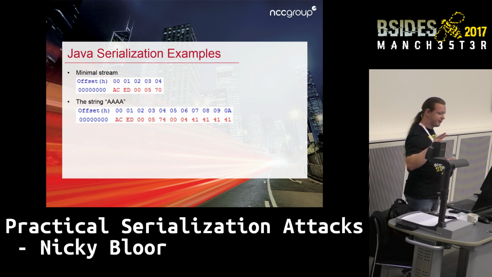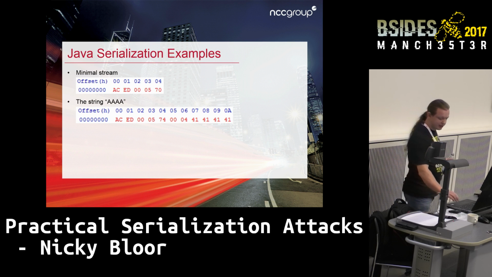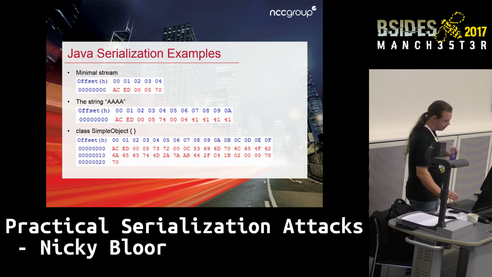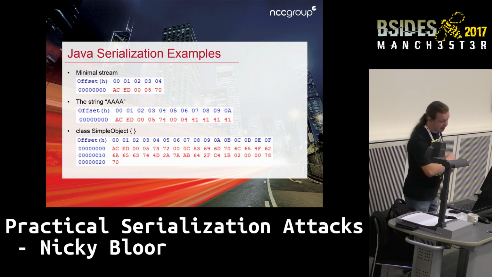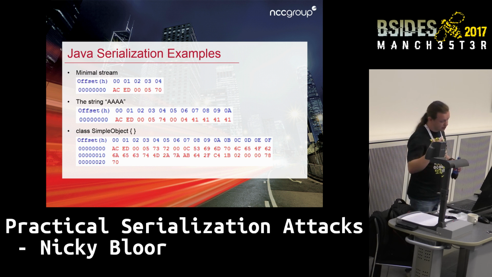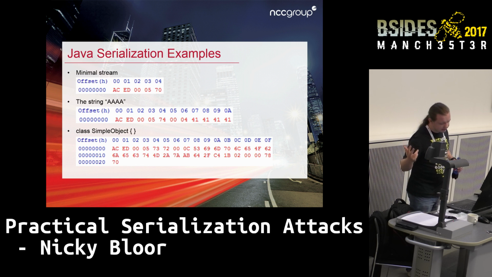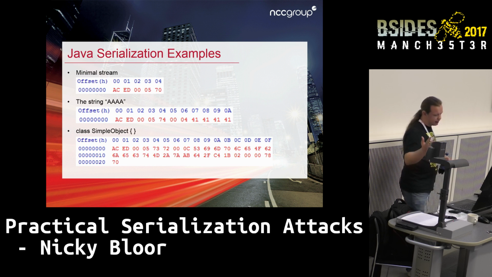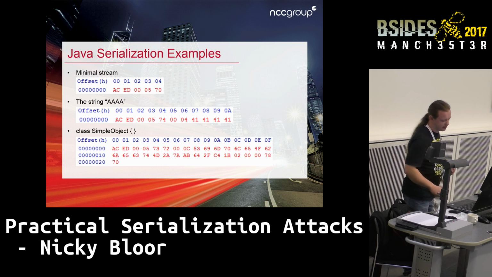The next 2 bytes are the length of the string, so 4, and then the string bytes themselves. And now we've got a simple object. The object has no properties, so the data in that stream, 73 is an object, 72 is a class description. We've got the length of the class name itself, serial version UID, and then some other things like class description flags and superclass.